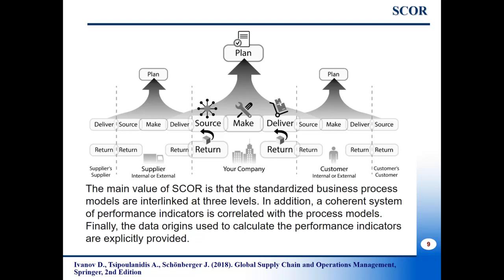For level 1 of the SCOR model, we can define plan, which covers processes to balance resource capacity with demand requirements and the communication of plans across the supply chain. Also in its scope are measurement of the supply chain performance and management of inventories, assets, and transportation, among others.